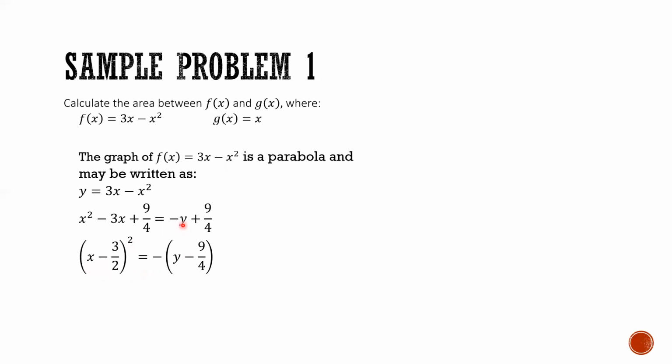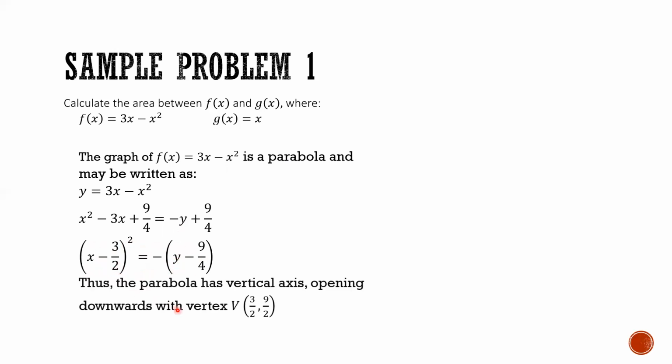And then the standard form of parabola requires that whatever coefficient in y should be factored out. In this case, -1. So from this particular equation, this is already in the standard form of a parabolic equation. So this means that the parabola has a vertical axis opening downwards with vertex at 3/2 and 9/4.